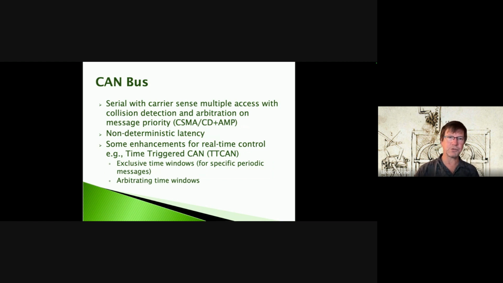You figure out which ones are important for having deterministic, consistent latency, and allocate those to a handful of windows, right? Everything else is going to be the conventional arbitrating time windows. So if you're using time trigger CAN, not everything is time triggered, just your important stuff.